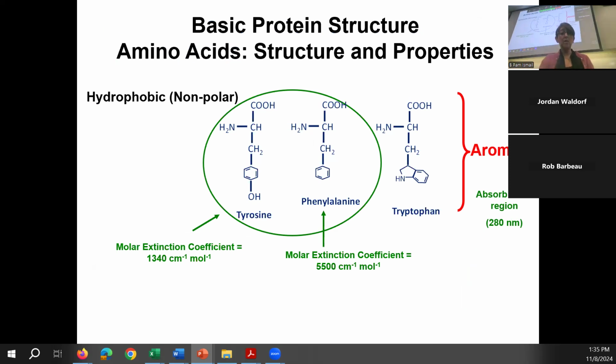So this characteristic allows us to measure protein in solution using a spectrophotometer under UV light. So all proteins, regardless of their source, have a certain amount of these amino acids.